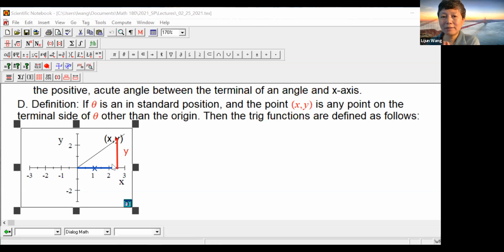But is that theta the only theta with the same terminal? So you can mark this one as theta, right? Could I also say this is theta too?